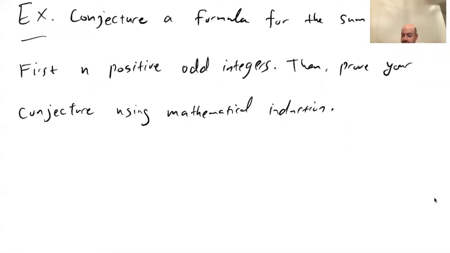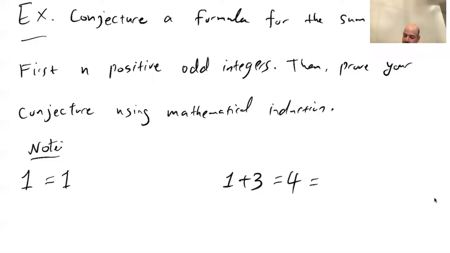For example, the first odd integer is 1. Well, 1 is 1. There's no sum here. But then if I look at the first two odd integers, 1 plus 3, that's 4, which is 2 squared.